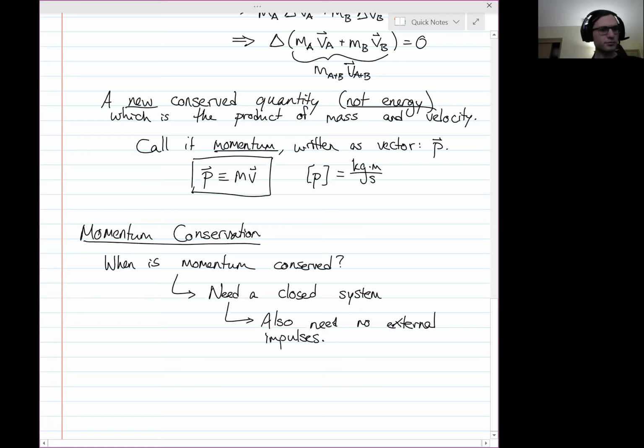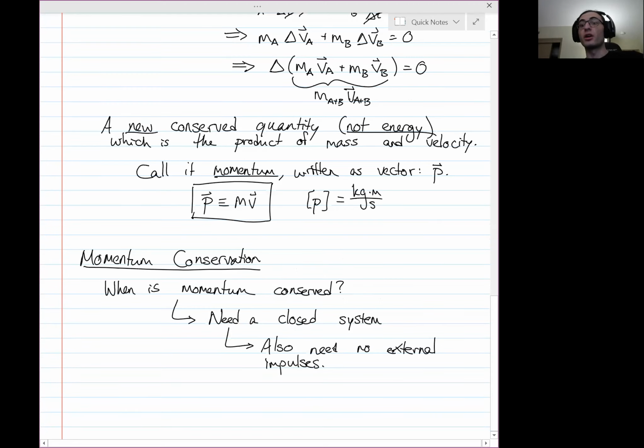One way to see this is to consider Newton's second law, and I'll get to this more explicitly in a bit. If you just have a single body and you have some external force, and that force is applied for a duration, then there is an external impulse.